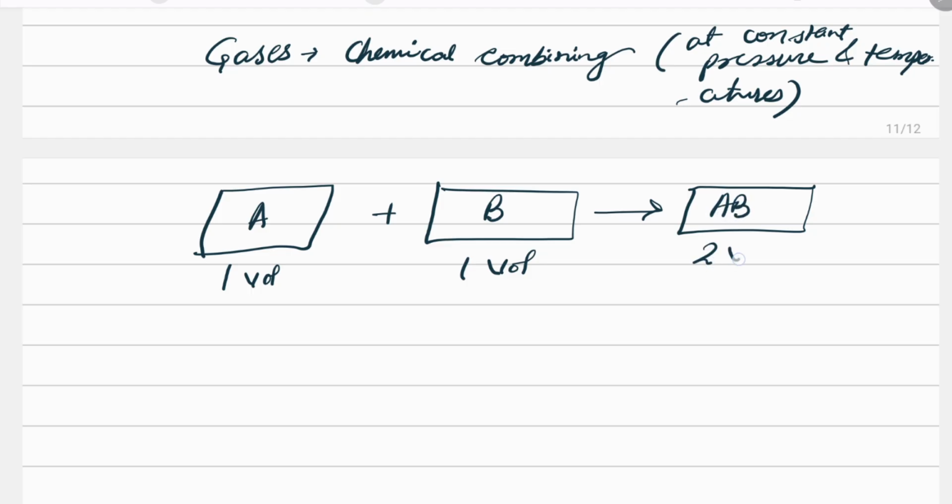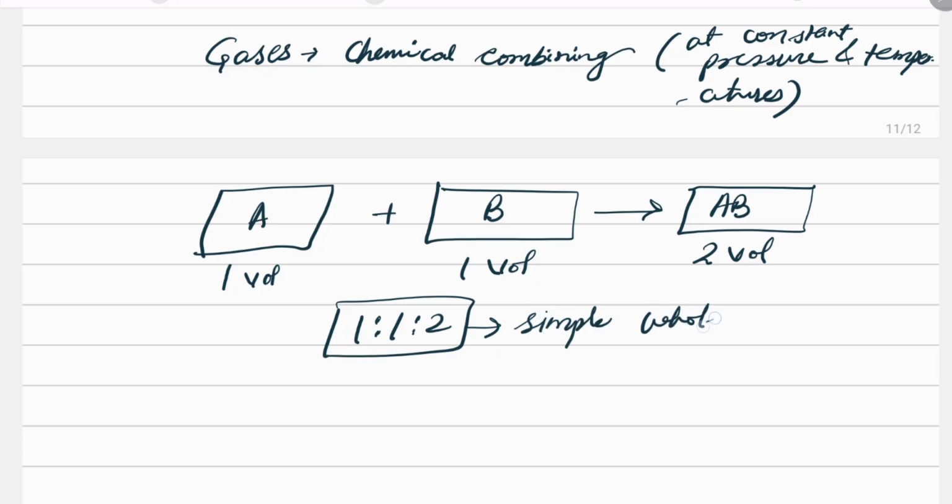Suppose it has two volumes. Their ratios of the volumes should be simple whole number ratios by volume, not by mass.